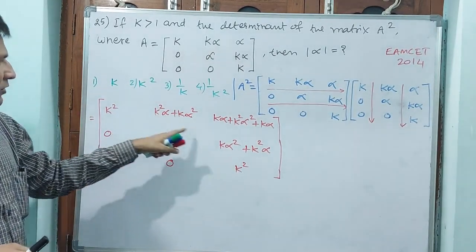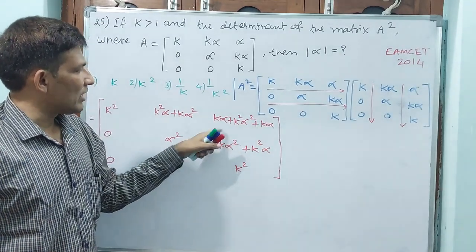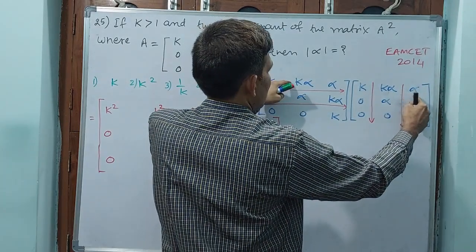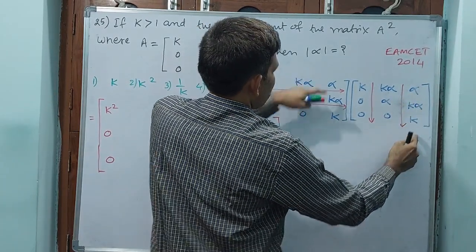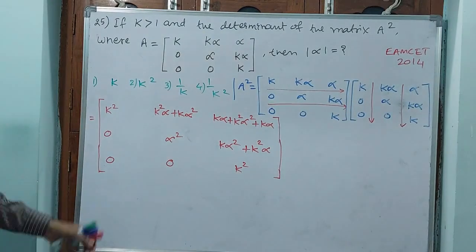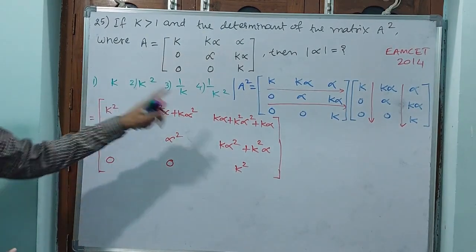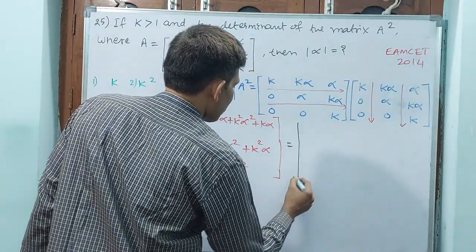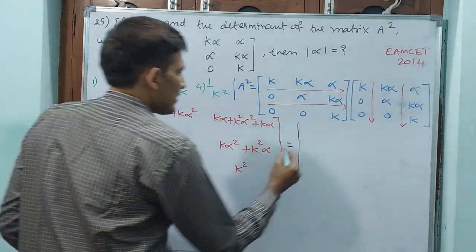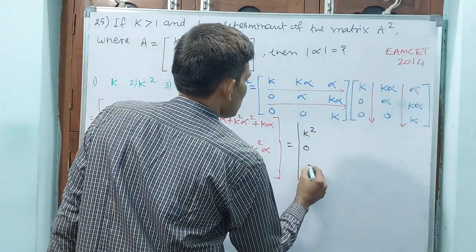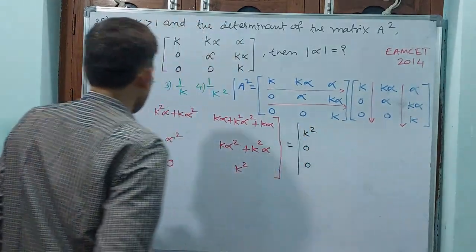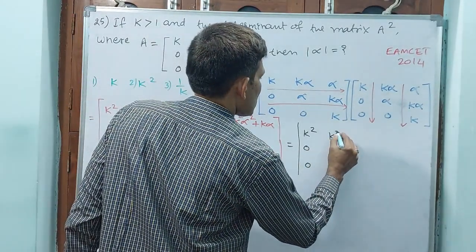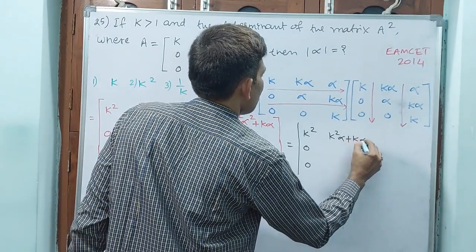Now these are both different, but here 2K alpha will come. Let me check once again: K alpha, K square alpha square, K alpha. Yes, 2K alpha. You have to make the determinant. In determinant form I am writing first K square 0 0, then K square alpha, K alpha square, K square alpha plus K alpha square.